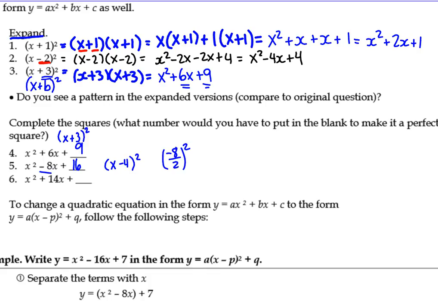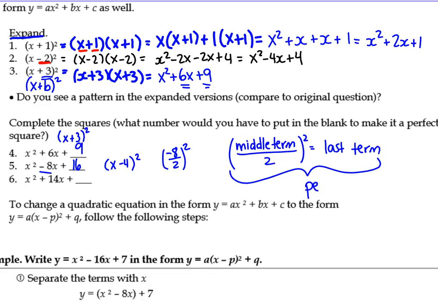So your middle term, divided by 2 and squared, will give you the last term. The middle term, divided by 2 and squared, equals the last term in a perfect square.